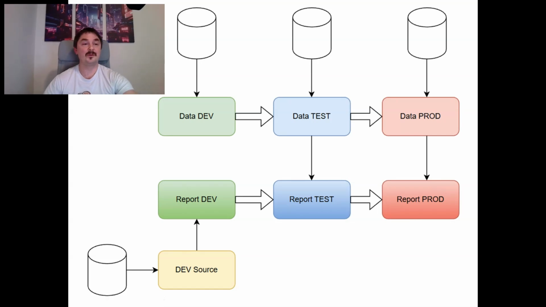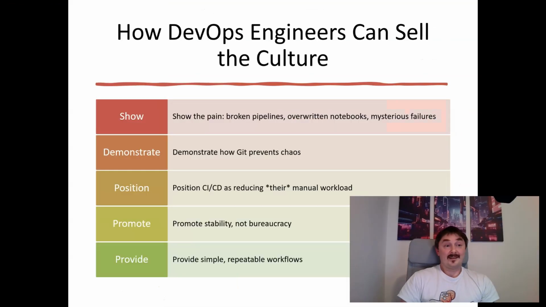Well, perfect world, right? And now, how can DevOps engineers sell that culture yet again? Well, you can show the pain, all of those broken pipelines and overwritten notebooks and mysterious failures of your reports. That is a good indicator that you need the DevOps culture implemented and DevOps workflows fixing things altogether.